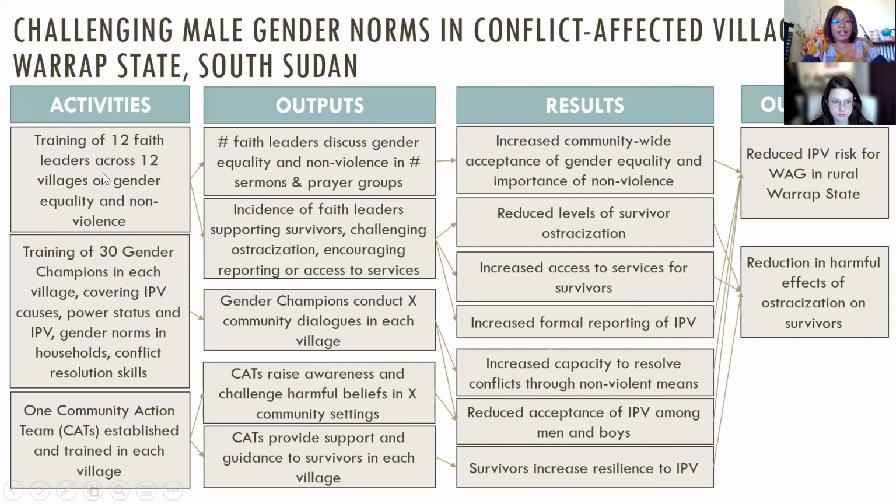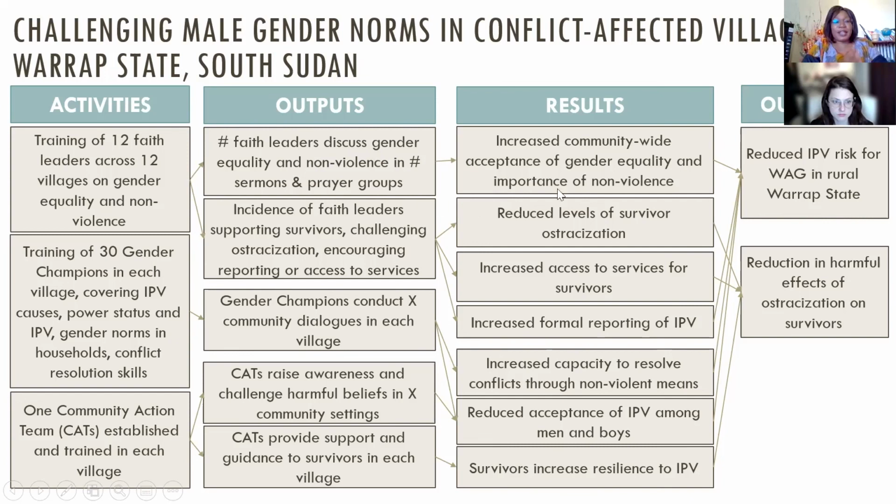So let's take the faith leaders as a training of 12 different faith leaders across 12 villages, looking at equality and non-violence. The expected outputs are the discussion, the fact that these faith leaders go and discuss gender equality and non-violence in their prayer groups. The incidence of faith leaders supporting survivors. We expect to see them supporting survivors and challenging ostracization and reporting, encouraging reporting or access to services.